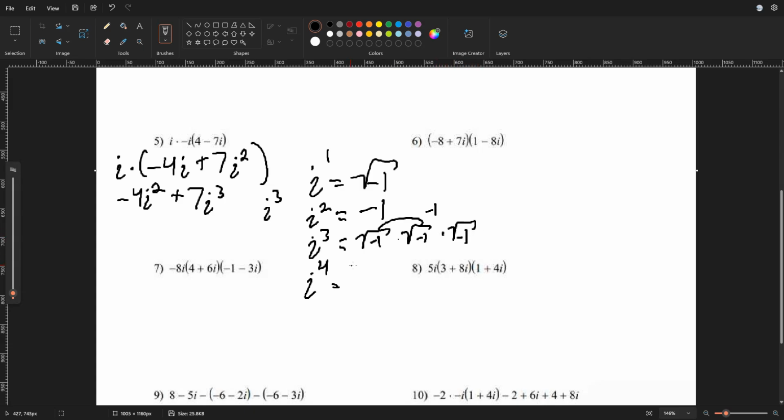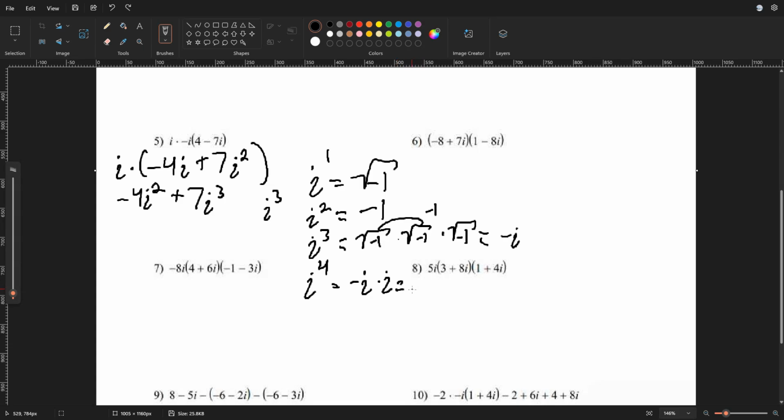So it's just going to be negative i. And then when we multiply it again, so we have negative i times i, which is going to give us positive 1.